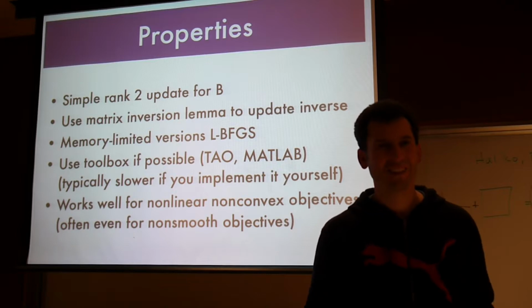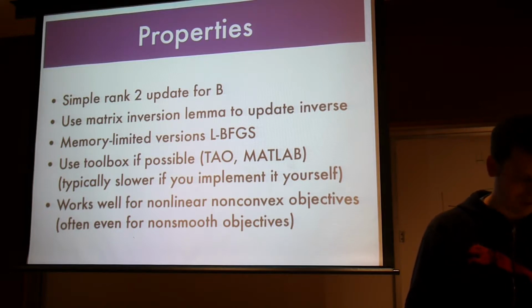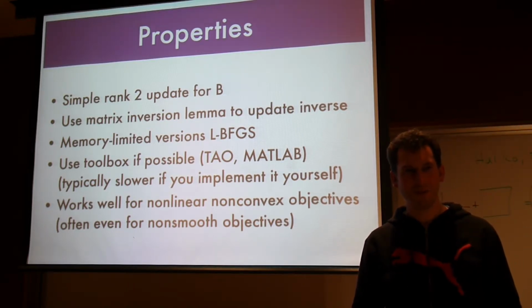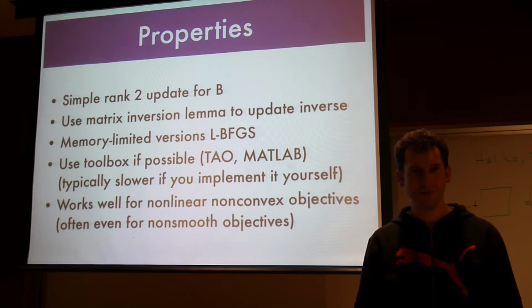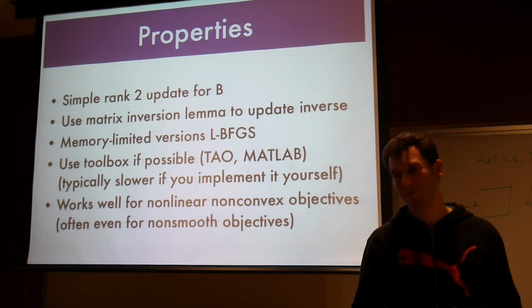Yes? So in terms of parallelizing this? This is really hard. Yes. You're absolutely right, this is a problem. TAO tries to do a little bit of that. TAO is a big optimization toolkit beast, and it has a fairly steep learning curve.